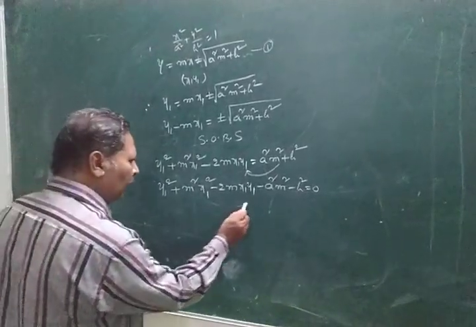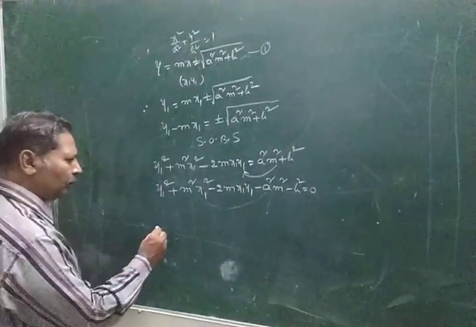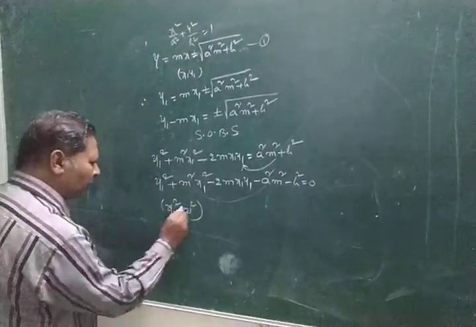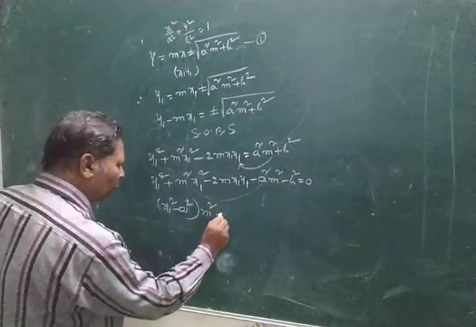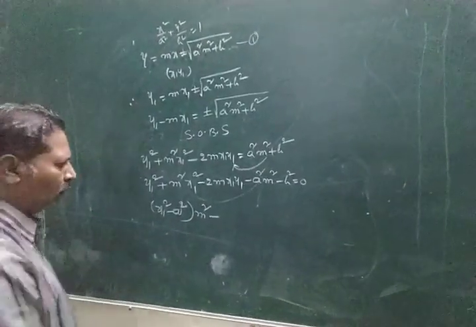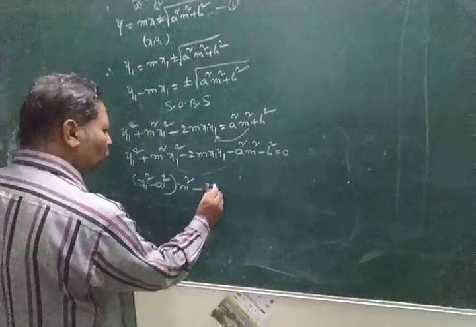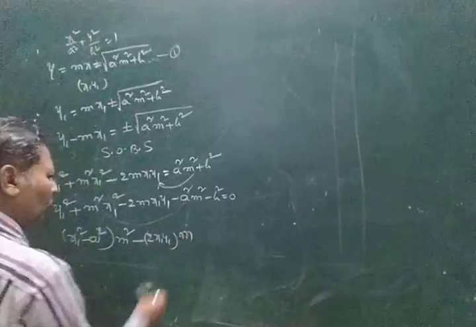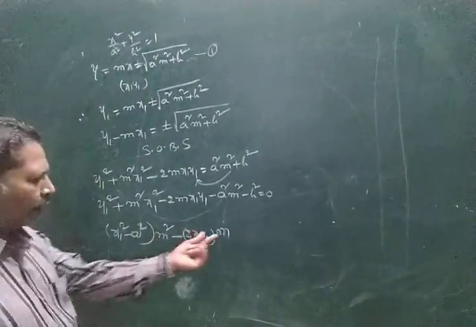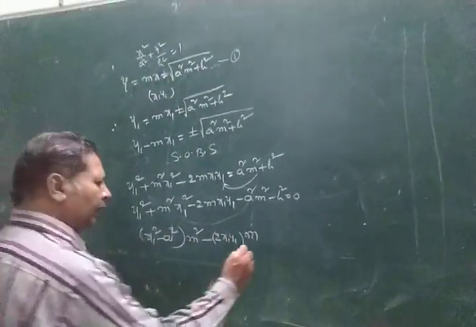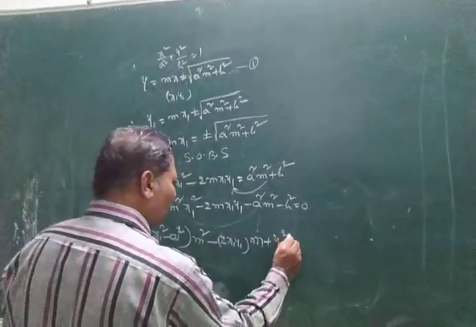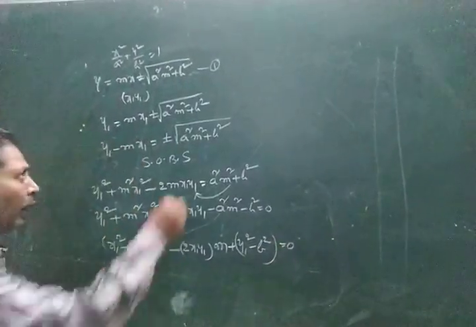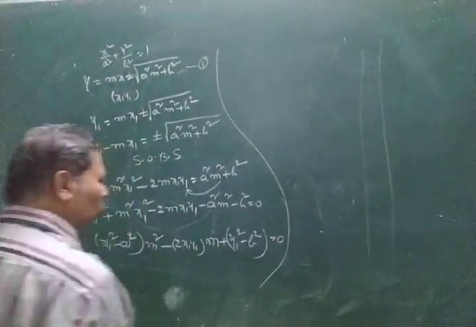First write the m square terms: (x1 square minus a square) into m square, minus 2x1 y1 m, the m term, and next the constant, plus y1 square minus b square equal to 0.